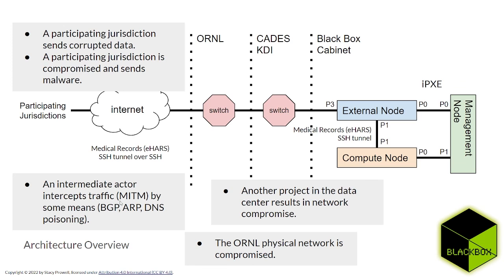An intermediate actor intercepts traffic, that's a man in the middle, by some means. They do BGP poisoning or ARP poisoning or DNS poisoning maybe, so that they can pretend to be Virginia and get their data. Well, they have to have the keys that Virginia has in order to establish that connection.